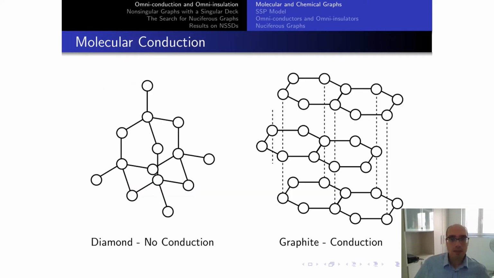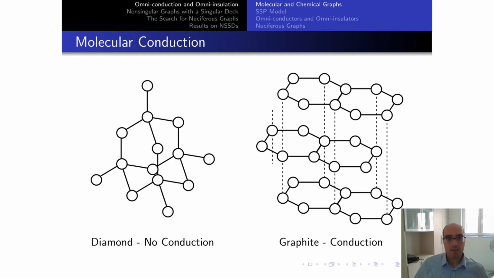Let's give an example then. So we have diamond here and graphite. They are both carbon molecules, as you might know. In the case of diamond, the structure of the carbon atoms is tetrahedral, as you see here, and each carbon atom is bonded with 4 other atoms.